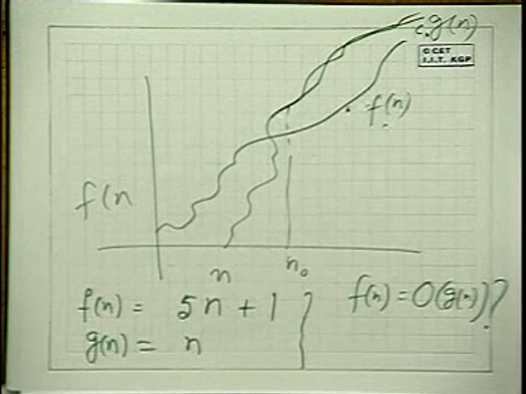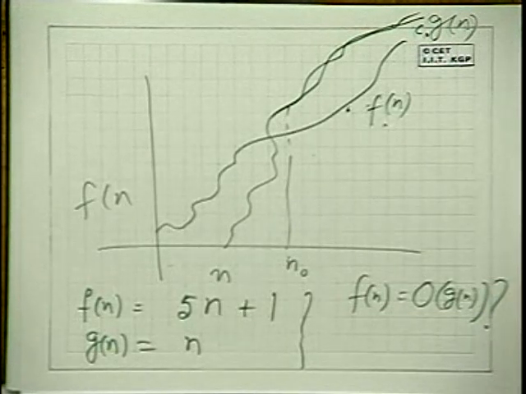Go back to the definition. What do I have to do? I have to find two constants, n naught and c, and then prove that f(n) is less than or equal to c times g(n) when n is greater than n naught. Can't we do this here? We can easily do it.